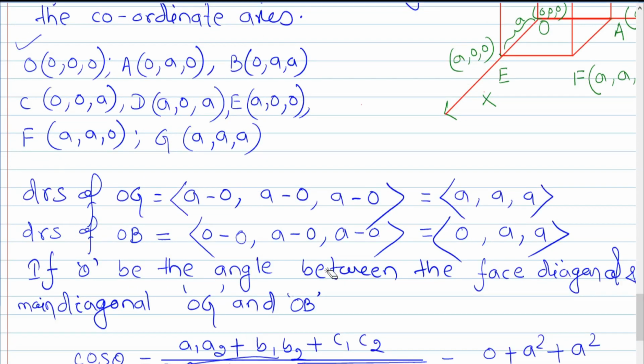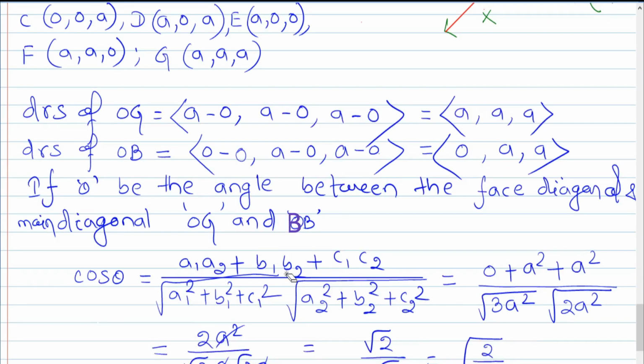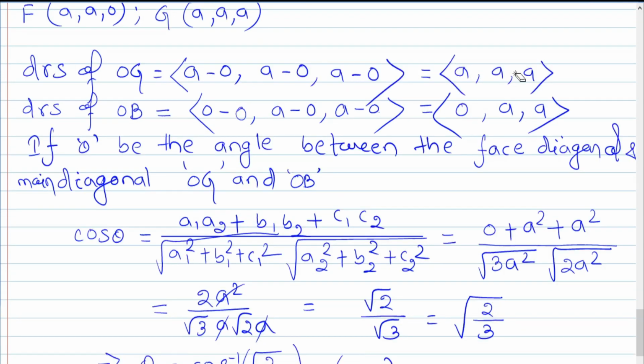So if theta be the angle between the face diagonal OB and the main diagonal OG, then cos theta with the help of the formula a1 a2 plus b1 b2 plus c1 c2 by square root of a1 square plus b1 square plus c1 square into square root of a2 square plus b2 square plus c2 square. So a1 a2 means a into 0 is 0, a into a is a square, plus a square, so 2a square. a square plus a square plus a square, that is root of 3a square, and 0 plus a square plus a square, that is root of 2a square.